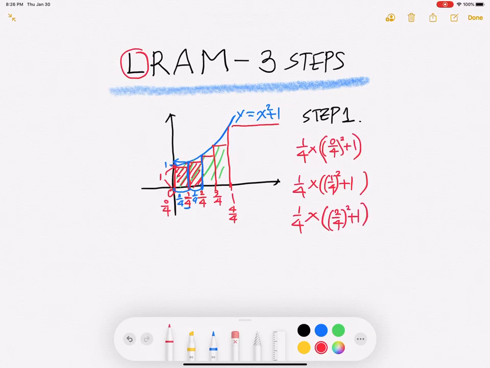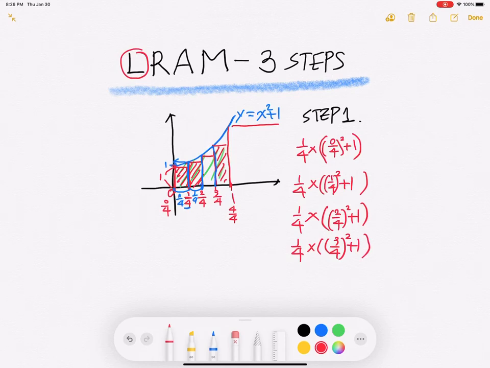For the last rectangle, what is the width? 1 over 4. What is the height? The y value when x equals 3 over 4. So plug in 3 over 4 for x in the function equation: 3 over 4 squared plus 1.